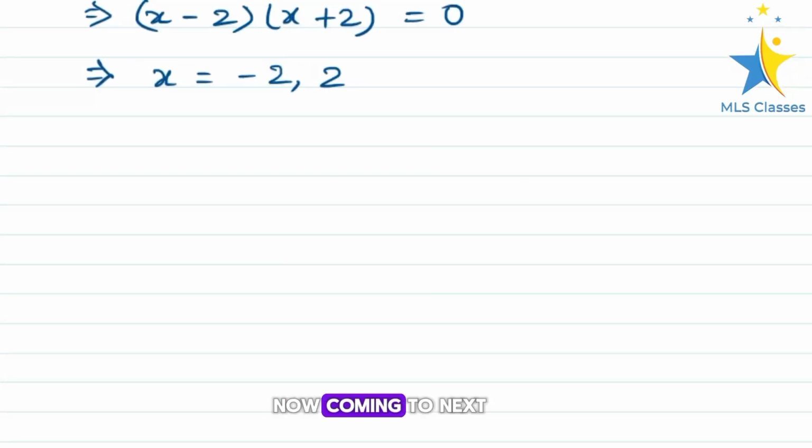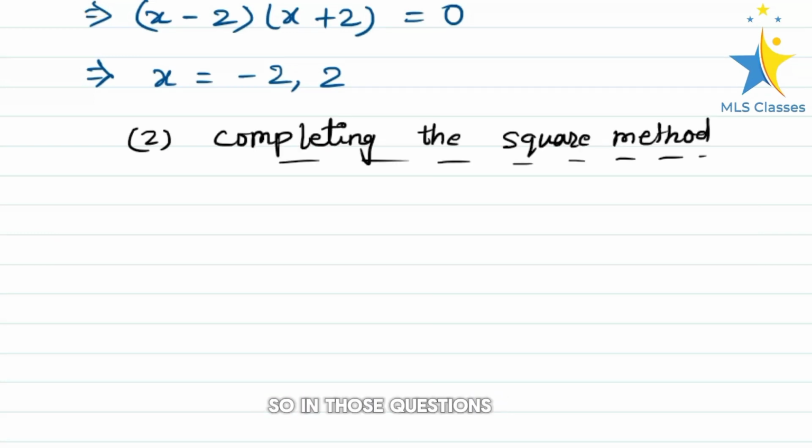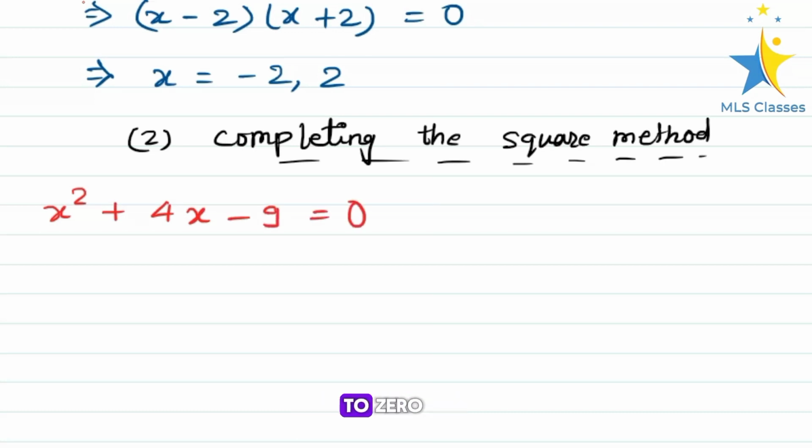Now coming to the second method, which is the completing the square method. In those questions where we will not be able to factor the terms, we will use the completing the square method. How do we use it? Suppose we have x square plus 4x minus 9 equal to 0.